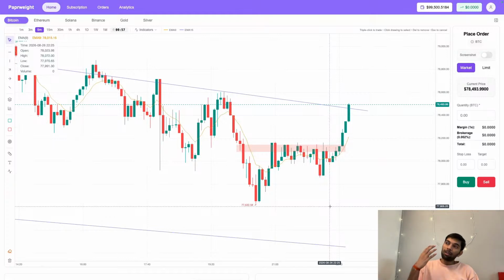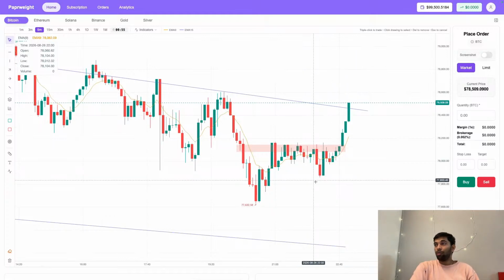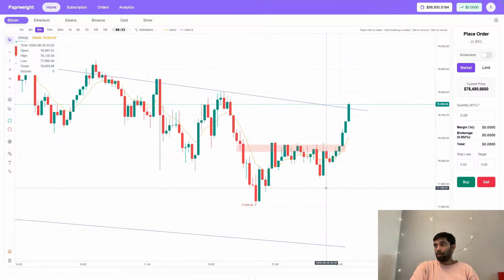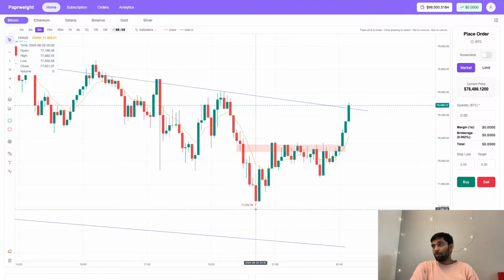If they're thinking that market can go down, though there is no hard proof that market can go down from here. Though, see, we can see that market went down, and suddenly market tried to take support from here.